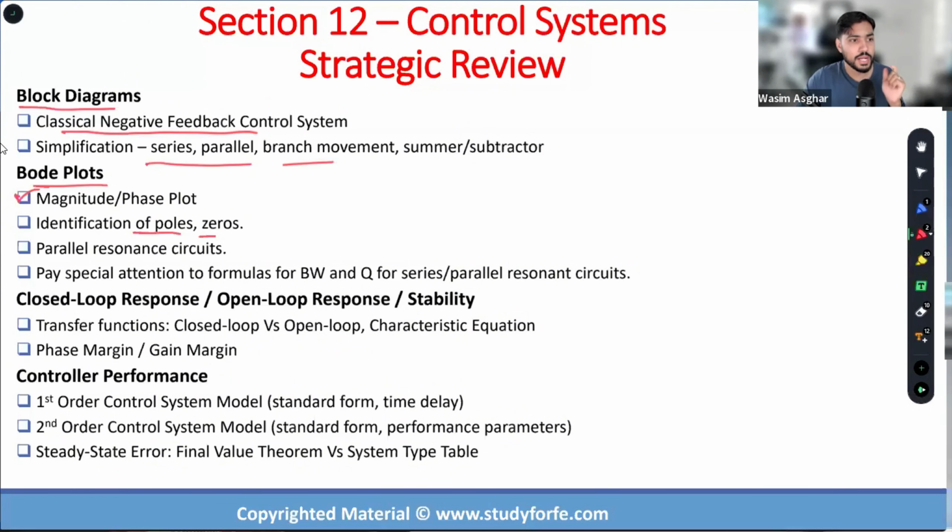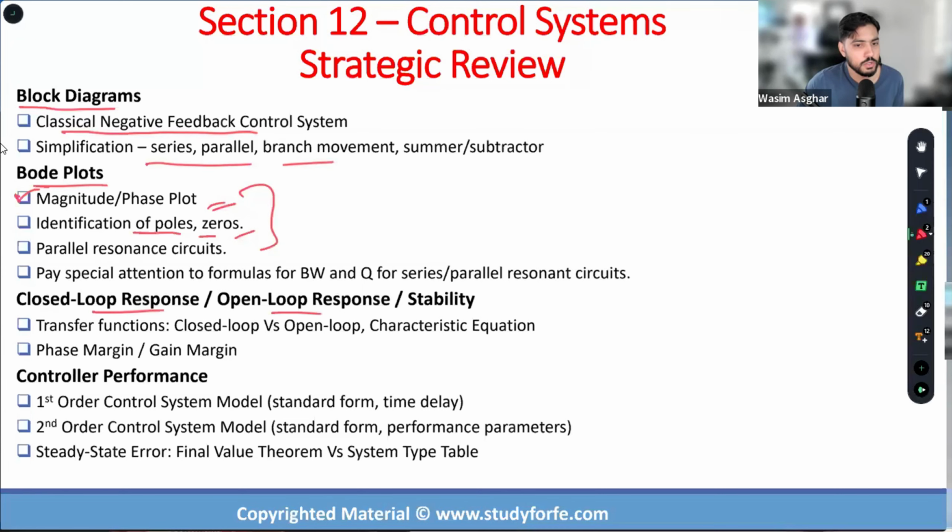First order only has a capacitor or an inductor, and the second order has a capacitor and an inductor, and that is your band pass filters and whatnot. This is where things start overlapping between linear systems, communications, and control systems. But for the most part, as far as the Bode plot is concerned, in the context of control systems, not worrying too much about the application, just get this part pretty strong and you should be set.